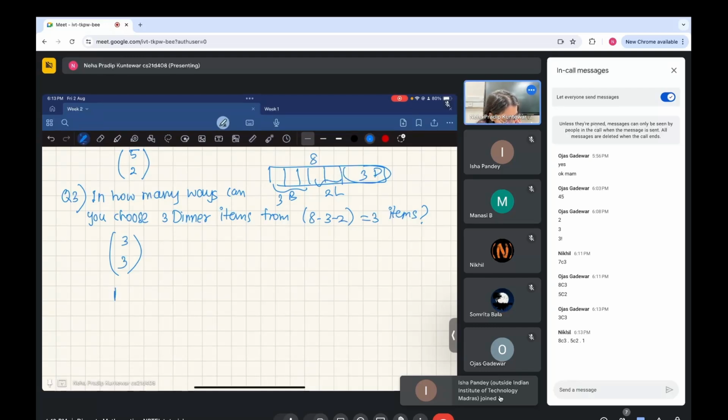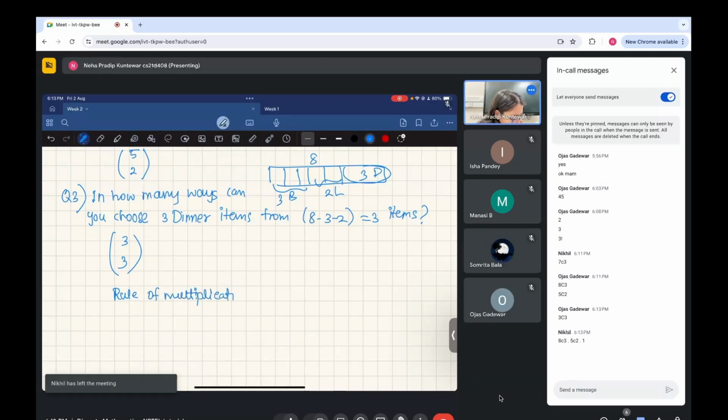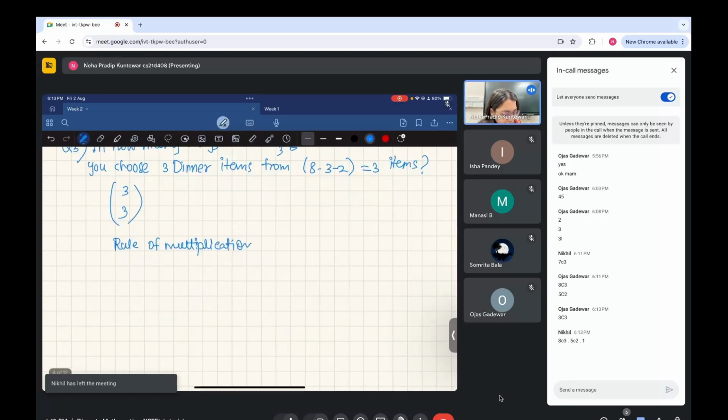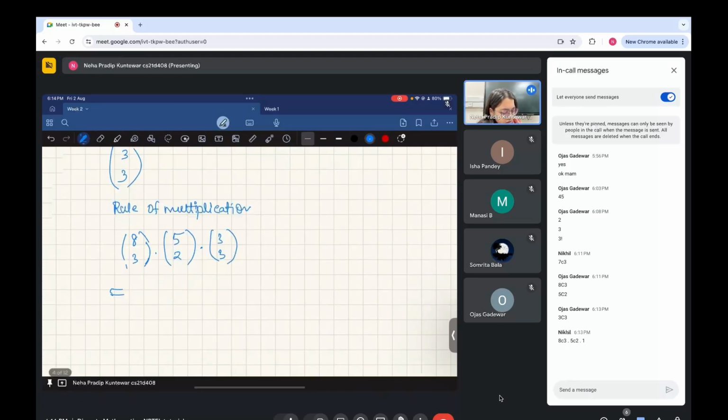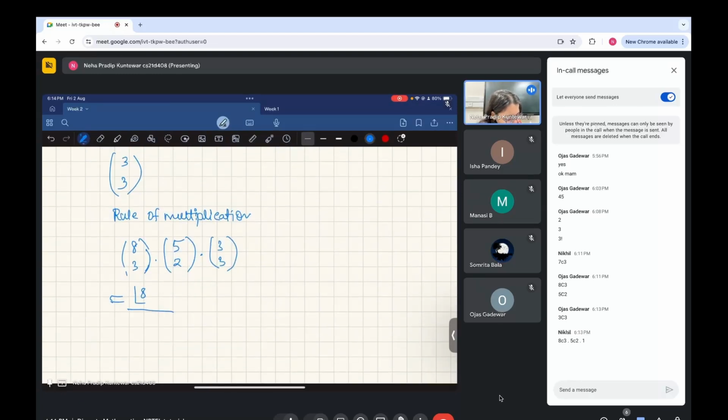So we'll use this rule of multiplication, and this gives us that the number of ways you can do this is 8 choose 3 times 5 choose 2 times 3 choose 3, and this is nothing but, I'll expand this. This is 8 factorial divided by 3 factorial times 5 factorial, and this is 5 factorial divided by 2 factorial times 3 factorial, and this is nothing but 1.